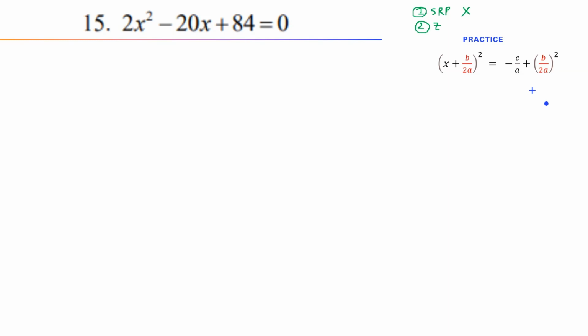Check for the zero factor theorem. a equal 2, b equal negative 20, c equal 84. Now check the AC method. What two numbers multiply to equal 2 times 84 and add up to negative 20?